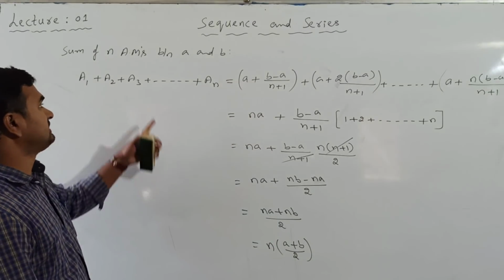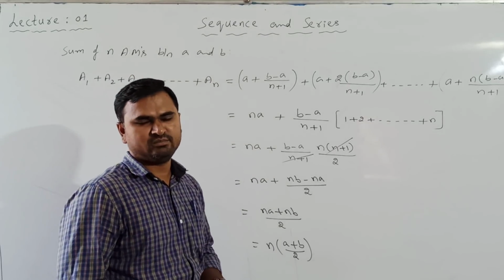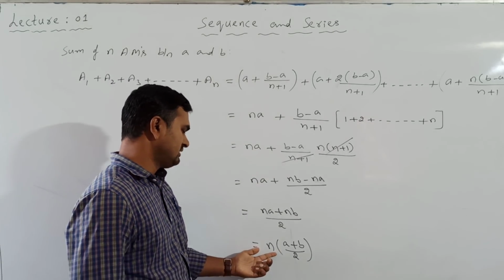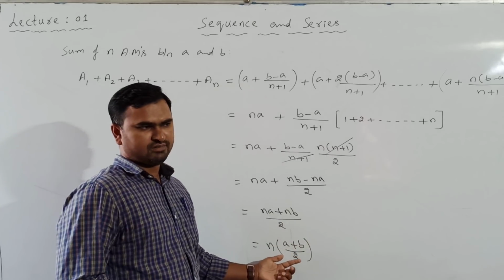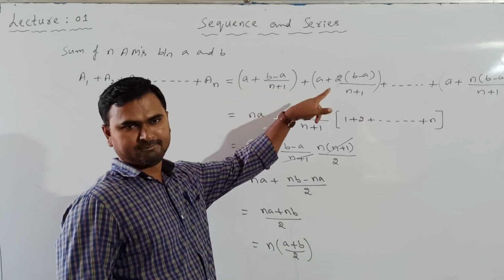So the formula for the sum of n arithmetic means in between A and B is n into (A plus B) by 2. Now what is (A plus B) by 2 for A and B?